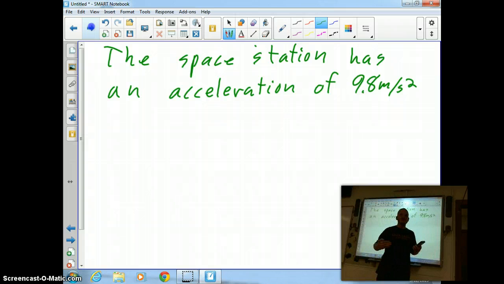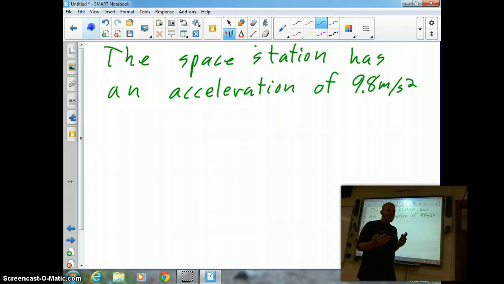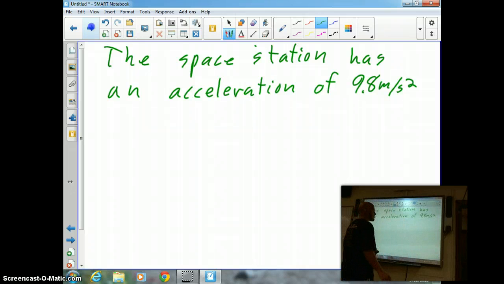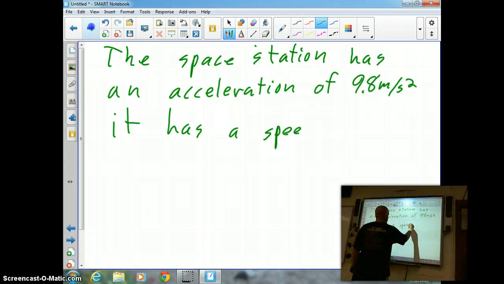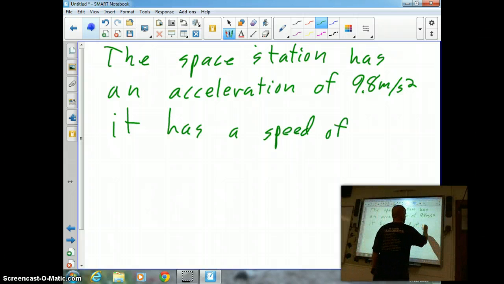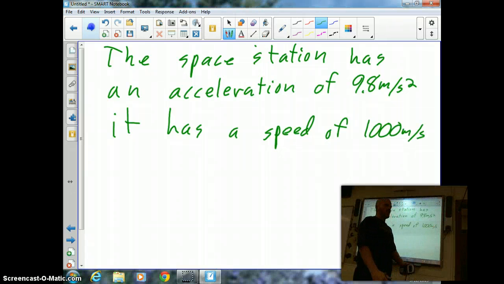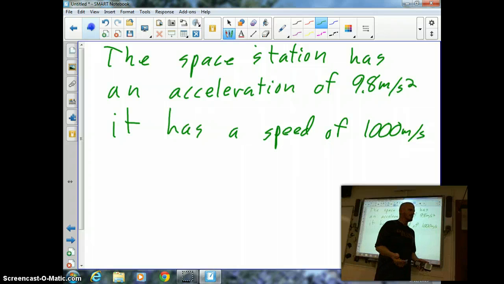So its acceleration to the middle of the circle is the acceleration of gravity. Within several thousand kilometers of Earth, gravity stays the same. We'll get into how gravity varies later on. We don't want to get too far yet. 9.8 meters per second squared. It has a speed of 1,000 meters per second.